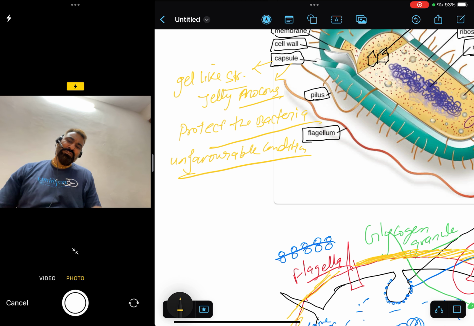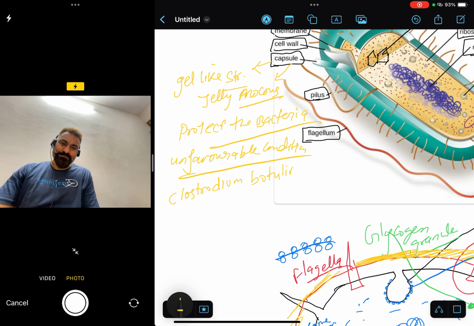Some bacteria produce a slime layer around themselves. For example, a bacterium which is very popular in India, Clostridium botulinum. It produces a capsule around itself and can tolerate a temperature of 300 degrees Celsius.